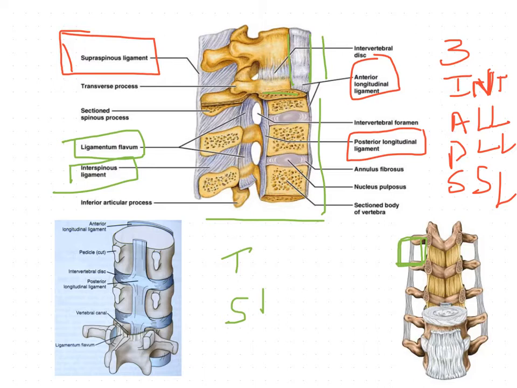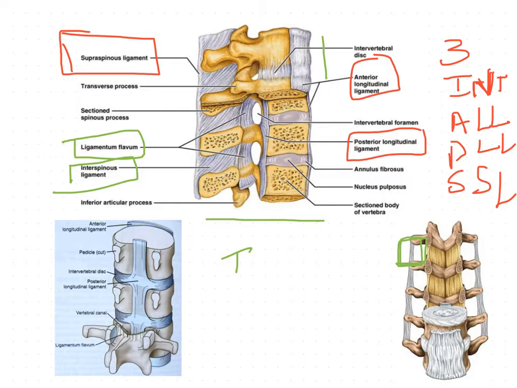The ligaments included under the intrasegmental system are ligamentum flavum, interspinous ligament and intertransverse ligaments. The first one we are going to discuss is the ligamentum flavum.